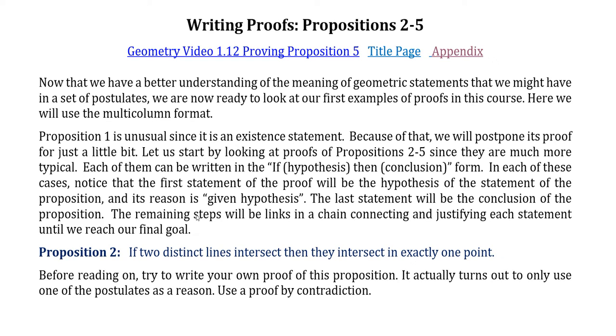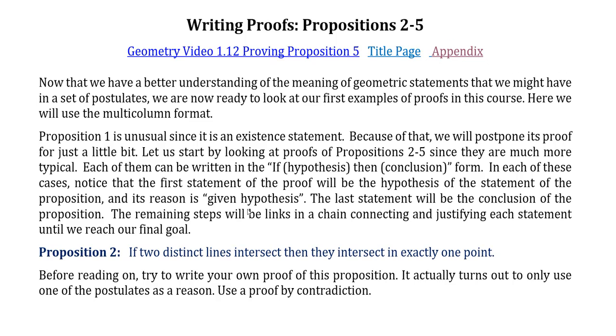Try to write out a multi-column proof of this. And even if it's a failed attempt, that's okay. Learning how to do this will be helpful if you try it, even if it's not correct. And I'll give you a hint: we're going to use a proof by contradiction for this one. So what I'd like you to do is try this one yourself. Come back then and look at my example after you've tried it yourself. Press pause now.